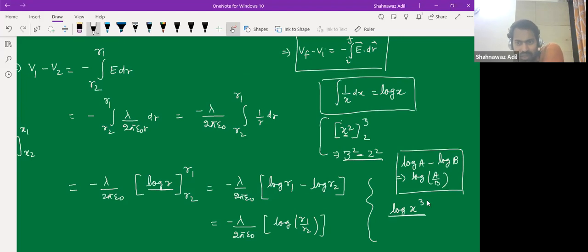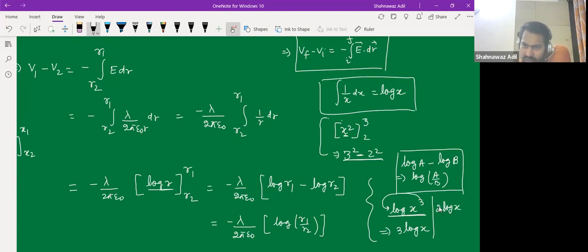This power comes down and this becomes 3 log x. Do you recall this property of log? Yes. Okay.